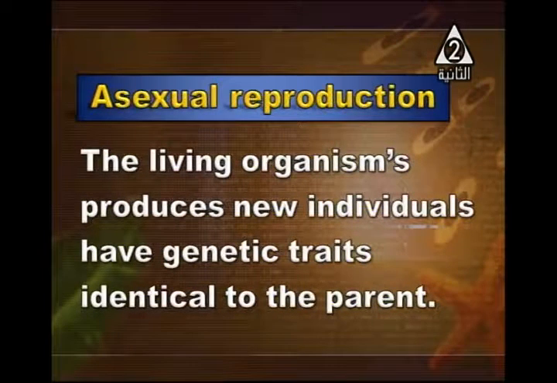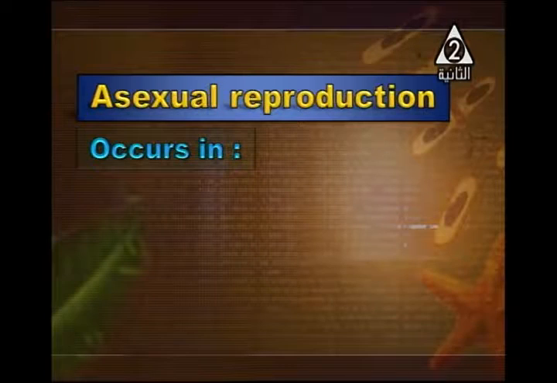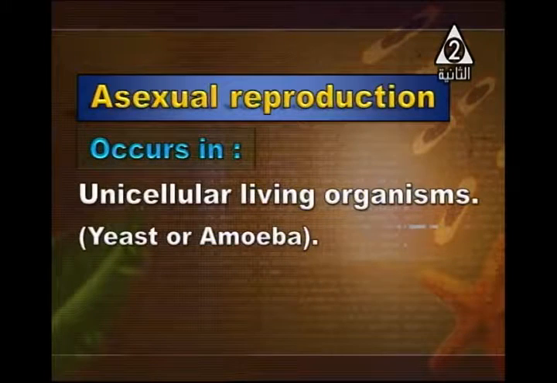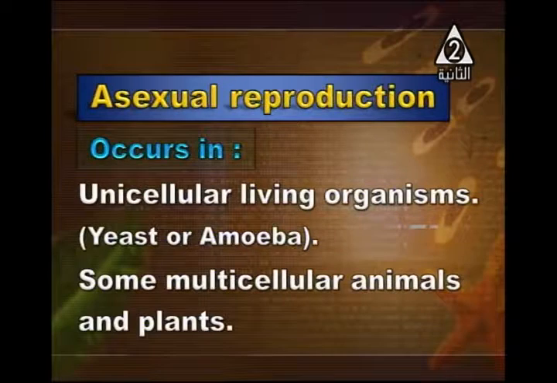It means that the living organisms produce new individuals that have genetic traits identical to the genetic traits of the parents. It occurs in unicellular living organisms such as yeast or amoeba, and some multicellular animals and plants.